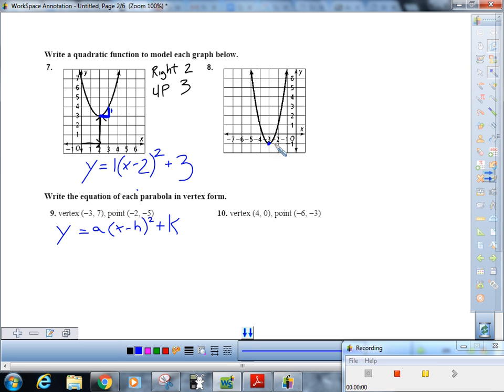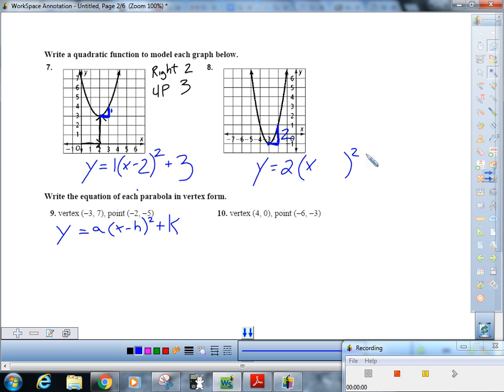Now, go ahead while I do this video and try to get number 8 correct. I will tell you, because you don't know this yet, since you go over 1 up 2 in this equation, A is 2. So do y equals 2 times, and you guys see if you can figure out the rest.